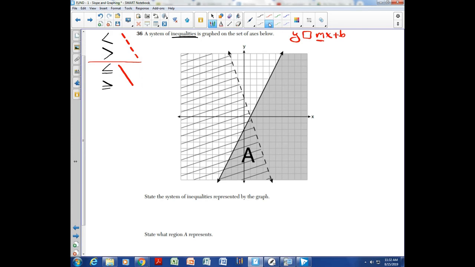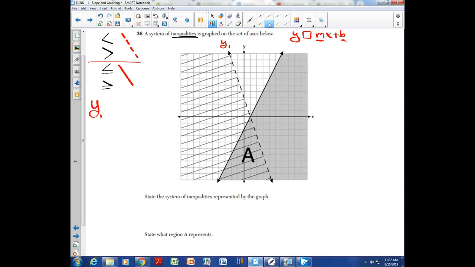So what's the m and what's the b? That's really my first goal. So let's talk about this broken line on the left side. I'm going to call this my y subscript 1. Okay, so over here on the side of the paper, let's start off with y subscript 1.